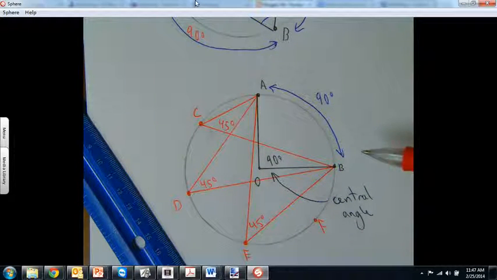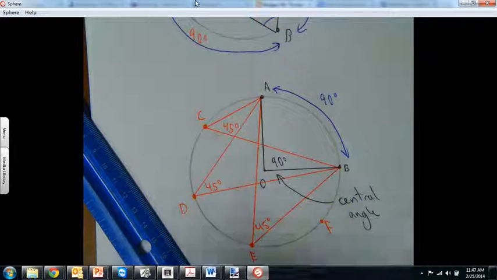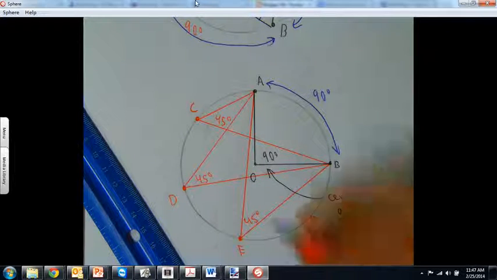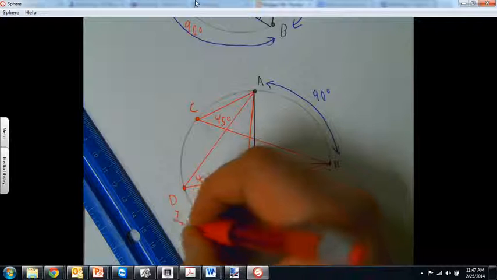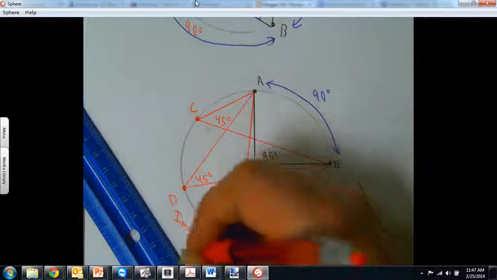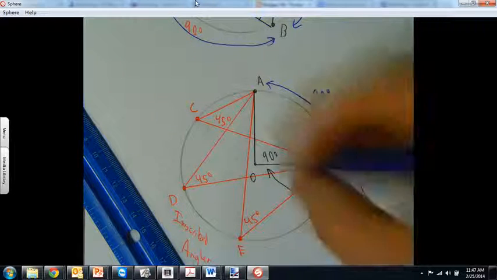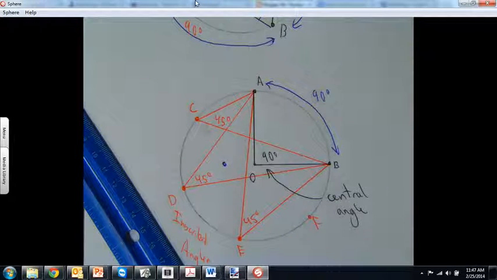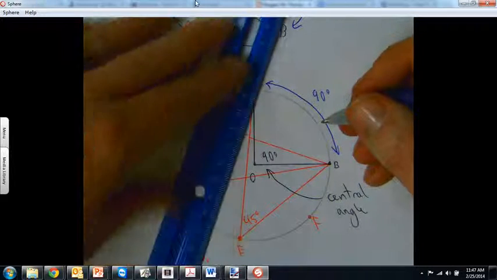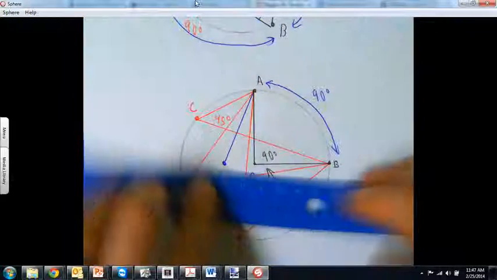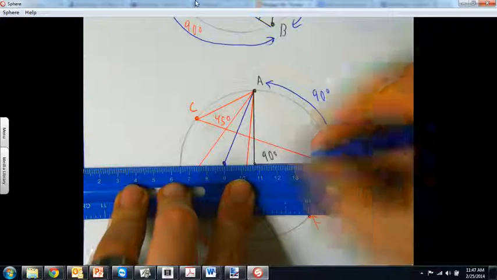Now, one last thing to wrap it up. All we have at the moment is central angles, which touch the center, and inscribed angles, which touch the outer edge. If I have a point somewhere in here that is not touching the outer edge and not touching the center, then as of right now, it's nothing special.